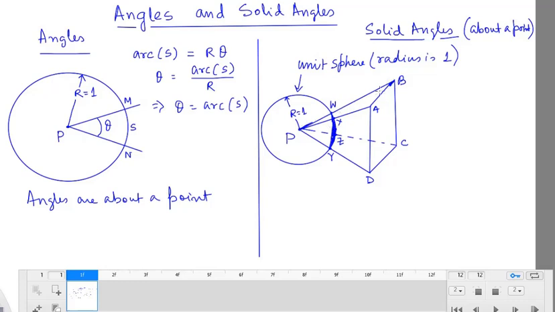If we join all the edges, a portion of the sphere will be cut, right?